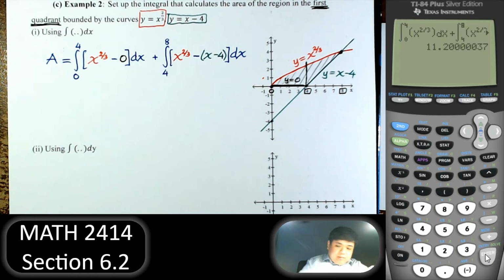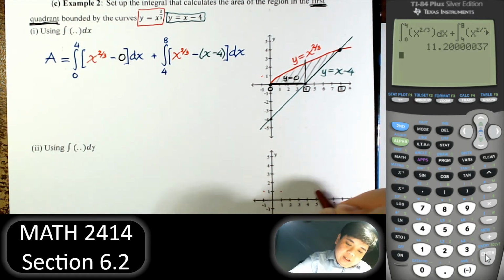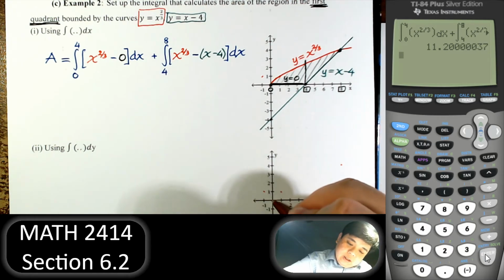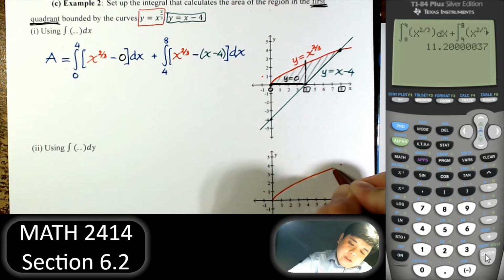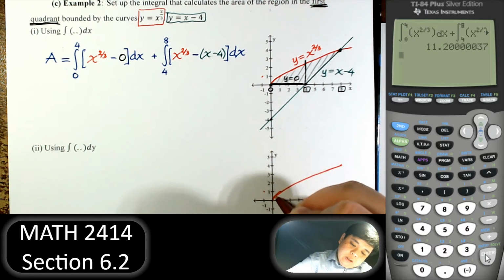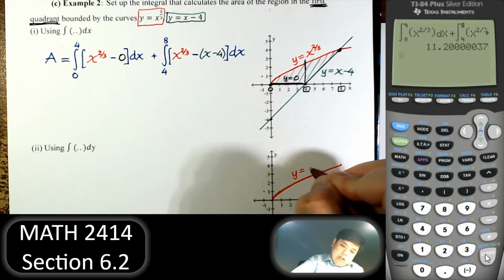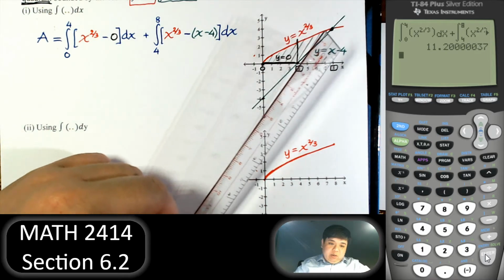Now, try the same thing. Y equal to x to the 2/3, and then y equal to x minus 4.